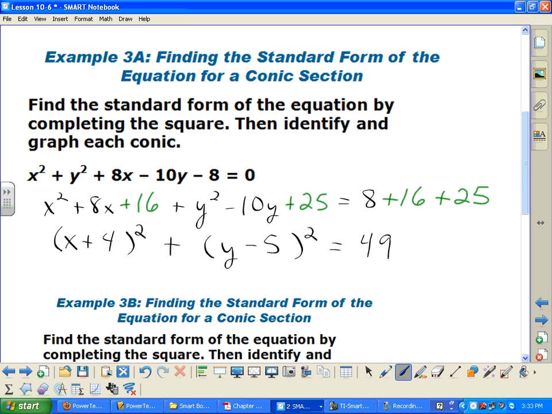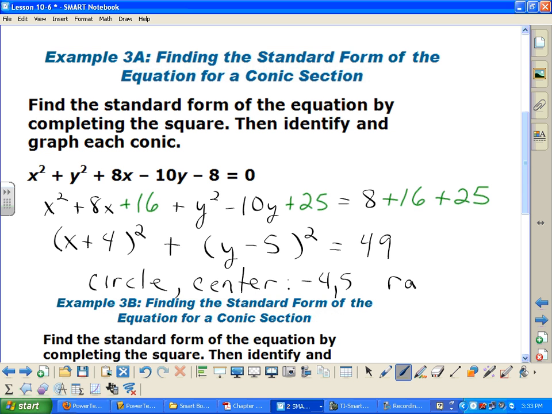So if you look at the standard form here, we have our x squared term plus our y squared term. And because it's a plus between them, we know that it's either a circle or an ellipse. And since the coefficients of them are the same, then it must be a circle. So this is a circle that is centered at the point -4, 5.